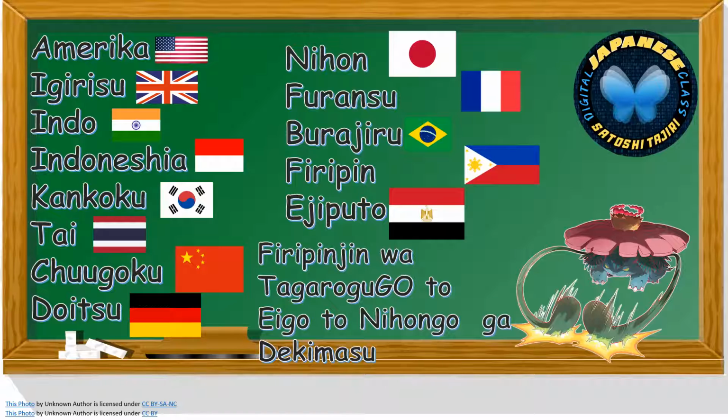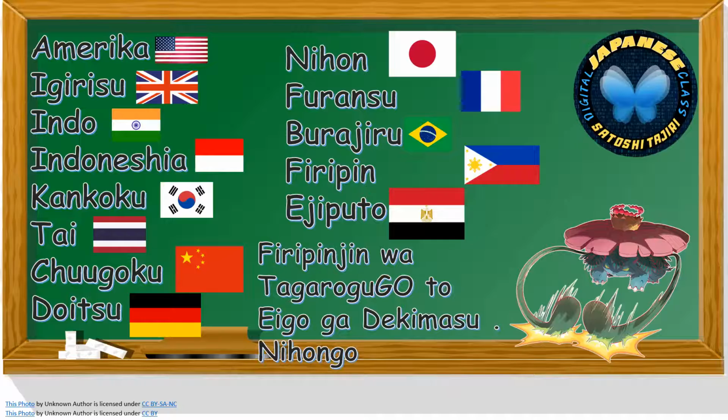Or we can also say Philippine Jin wa Tagalog go to ego ga dekimasu, and we can put here nihongo mo. Mo is a particle meaning also. So we're saying nihongo mo dekimasu. Also, Japanese is possible.